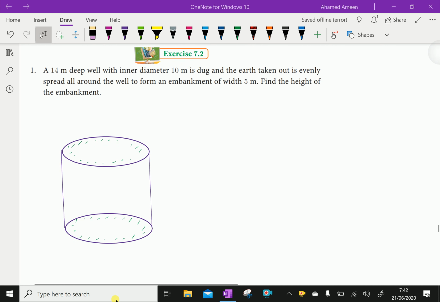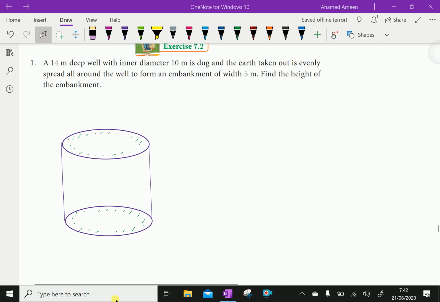Here, your cylinder figure is given. It's 14 meter deep, that is height is 14 meter, and the diameter is 10 meter.